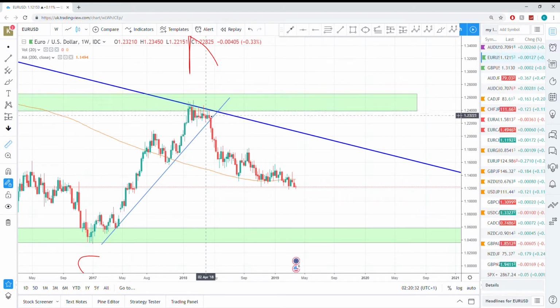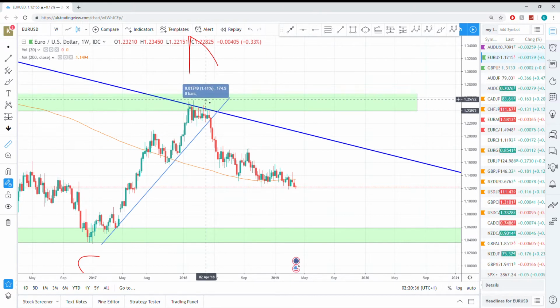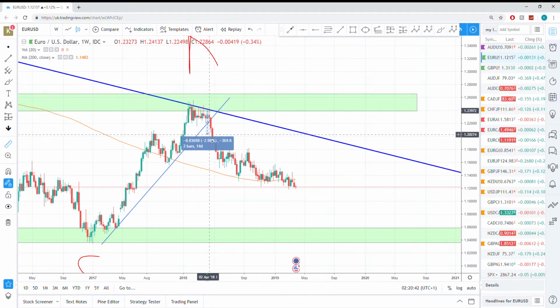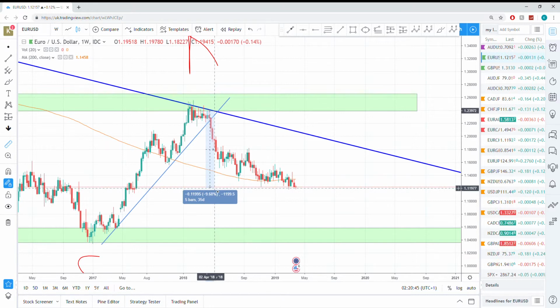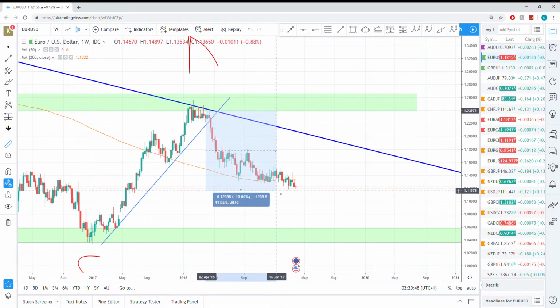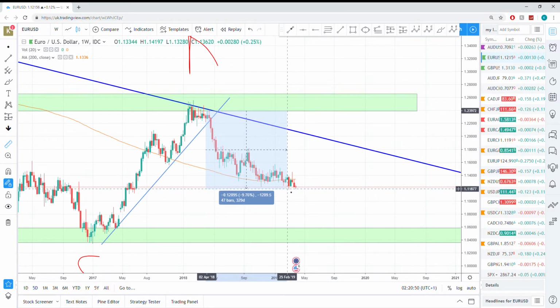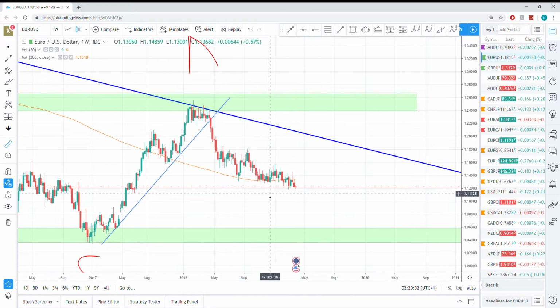So say we were around here and we're looking for some sort of sell order, we would be risking something like 245 pips, and this is ridiculous. This is a very long-term sort of mentality, but currently, if you were to put a sell order, it's 1,200 pips, which is ridiculously a lot.